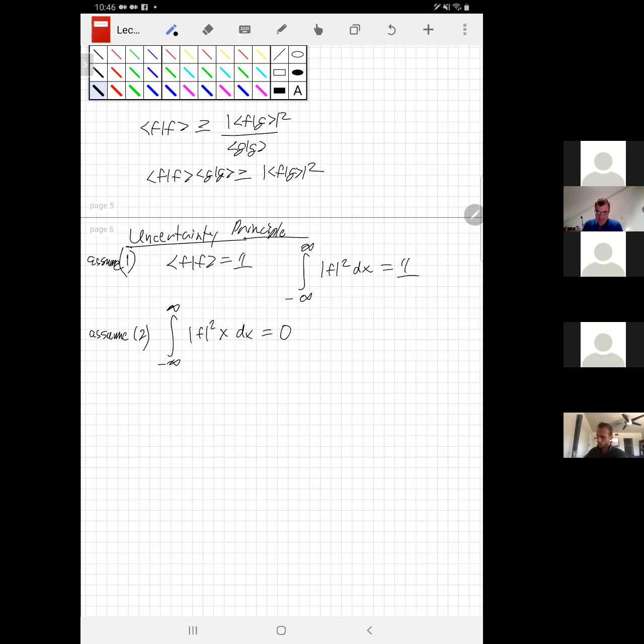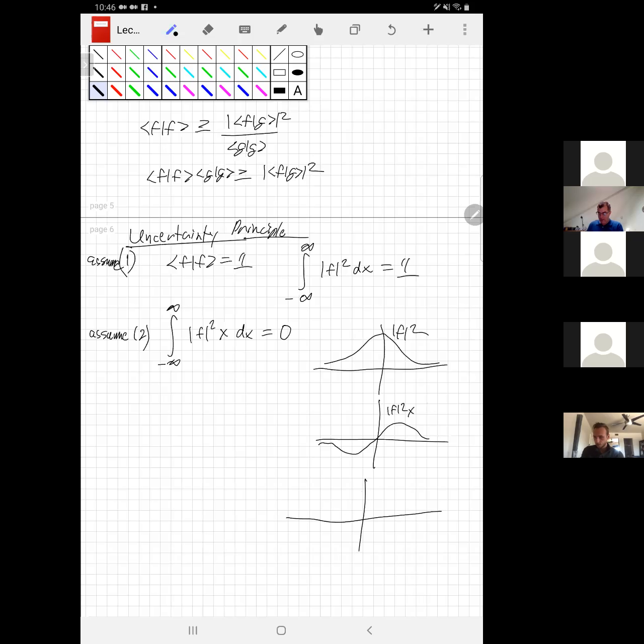Now, what that means is that we're not assuming that f squared is symmetric. Certainly, if f squared is symmetric, this will be true. If it's an even function, then the absolute value of f squared would look like that, and clearly the integral is 0. But we could also have asymmetric functions.